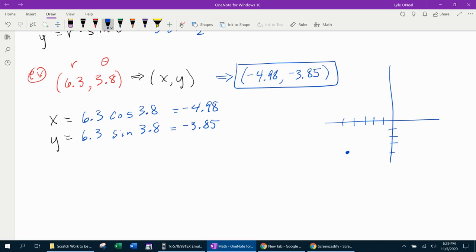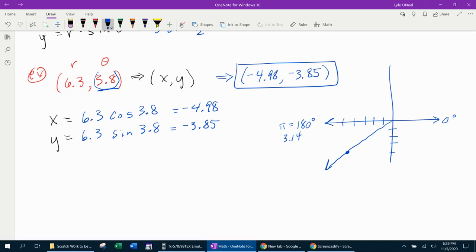you're good. Okay, now to plot our polar point, we've got 3.8 radians. So remember right here, if we start at 0 degrees and come around, this would be 180 degrees, which is equivalent to pi, which is approximately 3.14. So 3.8 is going to be a little bit past 3.14.